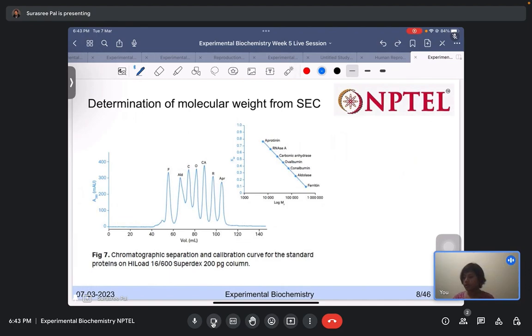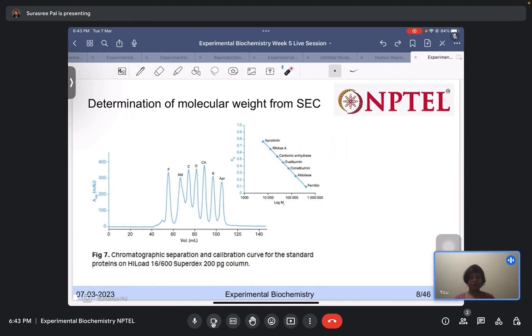For example, aprotinin, RNase A, carbonic anhydrase, ovalbumin, conalbumin, aldolase, ferritin. These are the proteins for which we know the molecular weight. Now what we do is we mix the proteins and run them through the column.